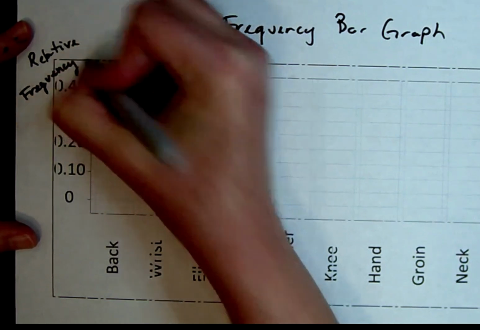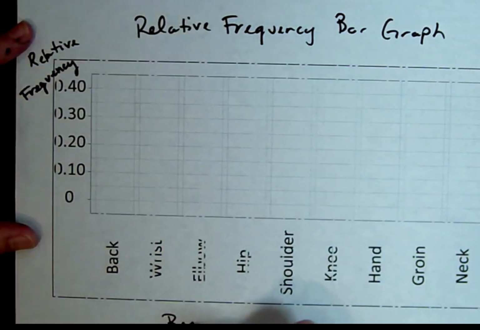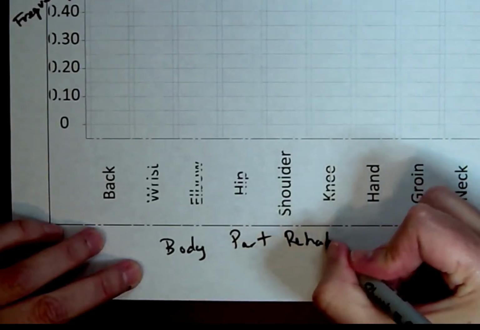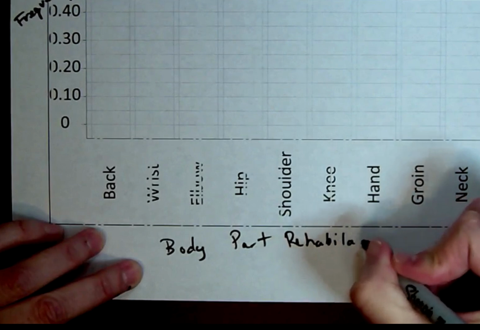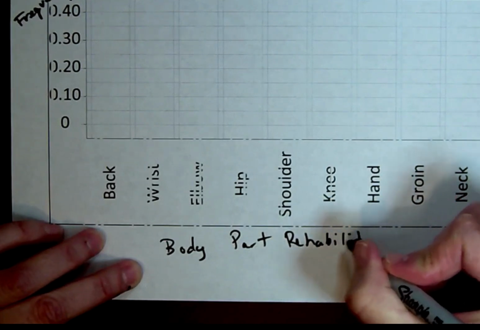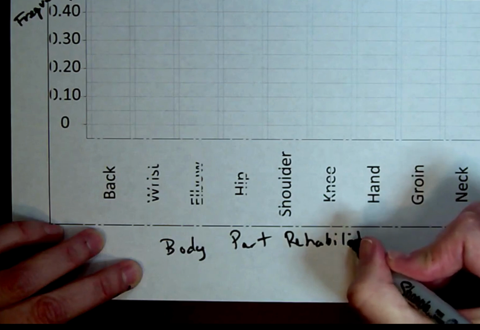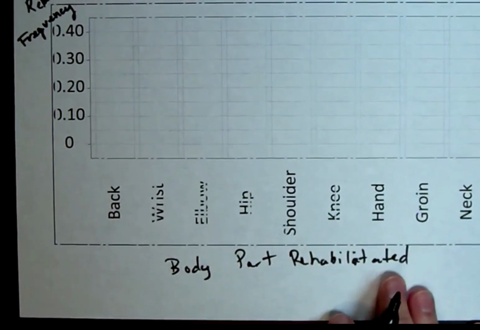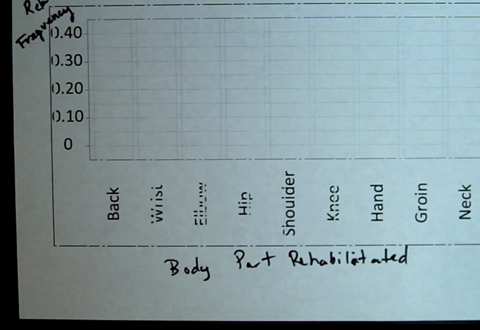The horizontal axis again is what body part was rehabilitated. Okay, so now we're graphing relative frequency.